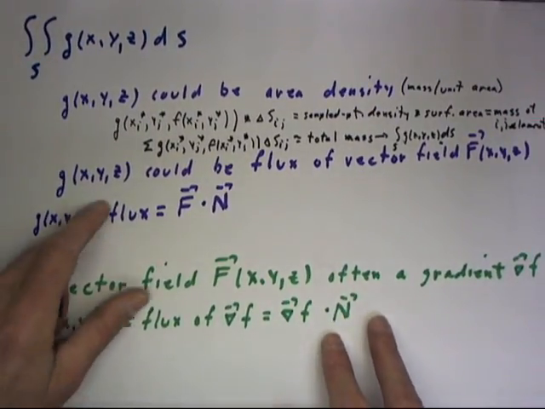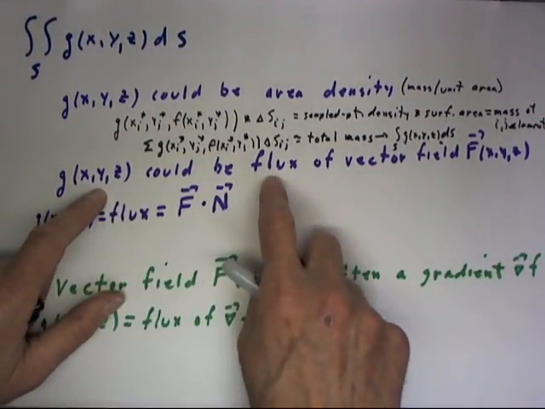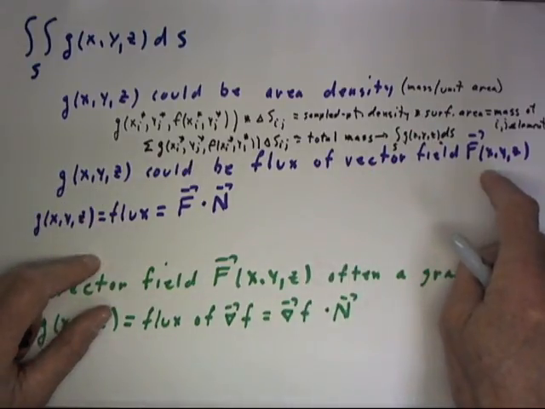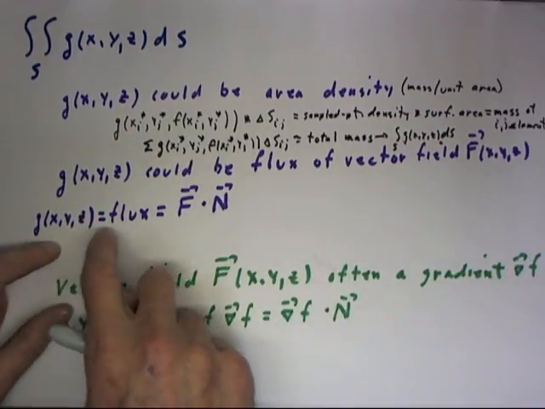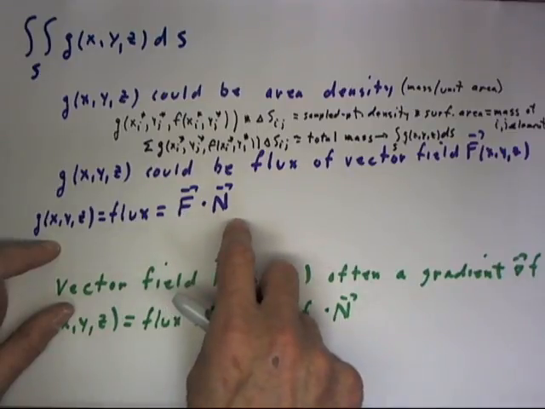Okay, another interpretation, g of x, y, z could be the flux of a vector field F of x, y, z. So the g of x, y, z is flux, F dot n.